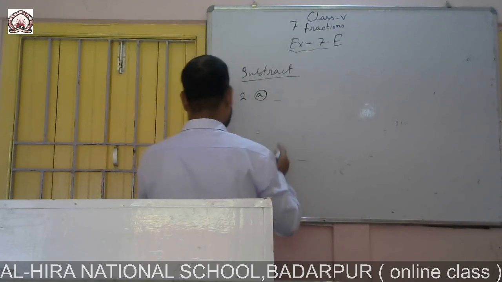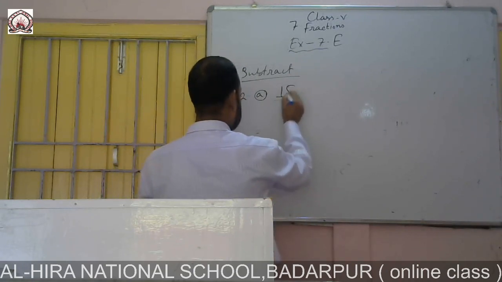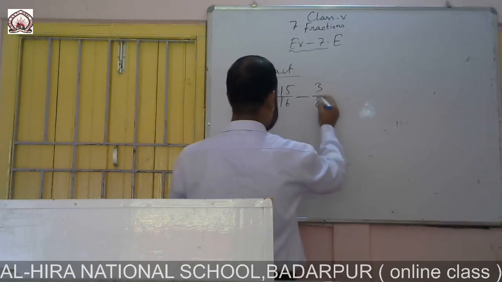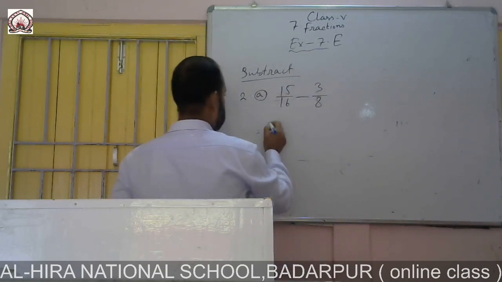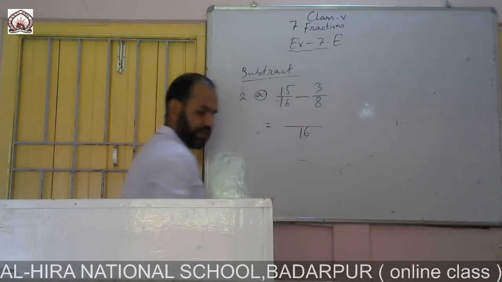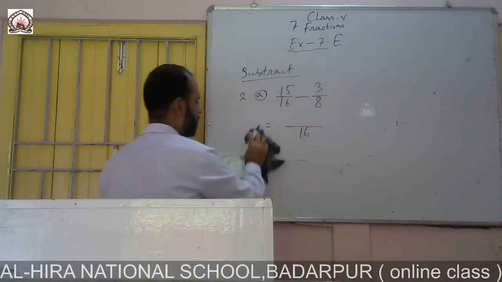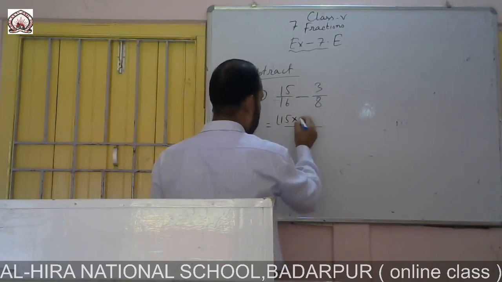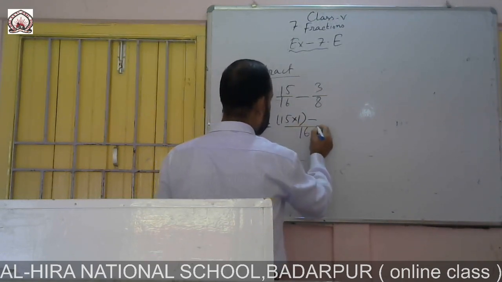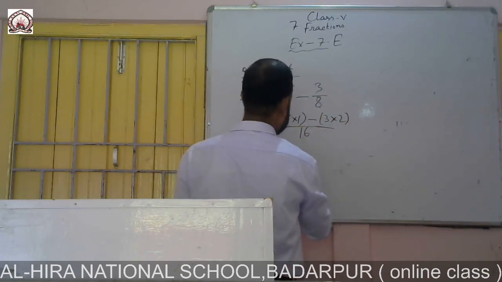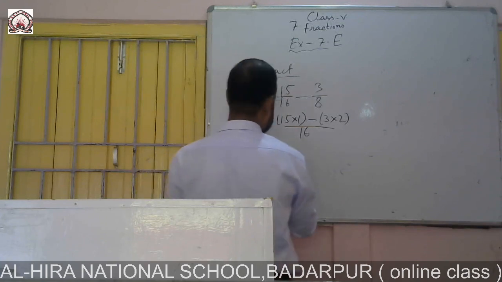Question number 2A. 15 by 16 minus 3 by 8. So here LCM is 16. 15 into 1, 16 ones are 16, minus 3 into 8 twos are 16.